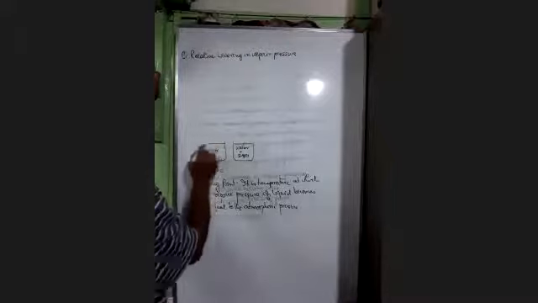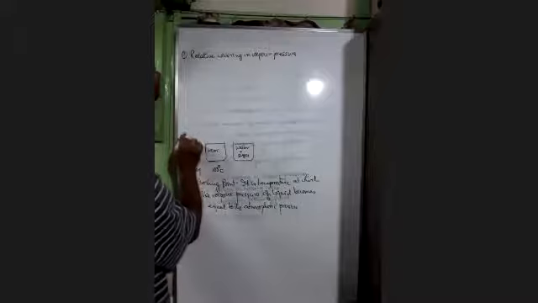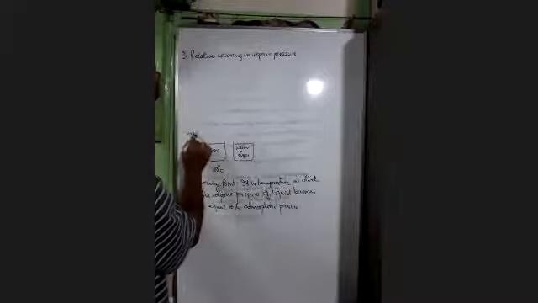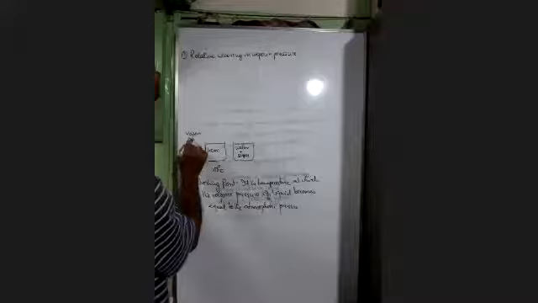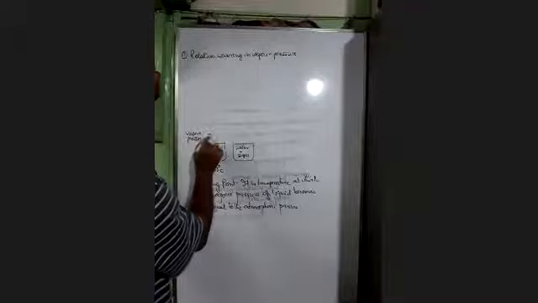That is, when you heat this water, when the vapor pressure of water becomes 760 millimeter of mercury, then only the water is going to boil.